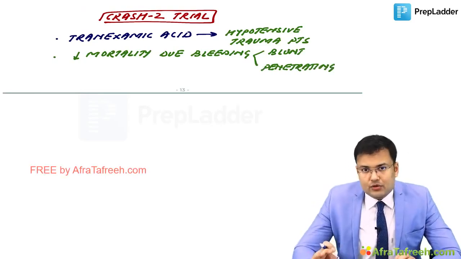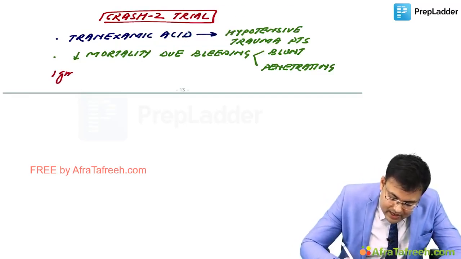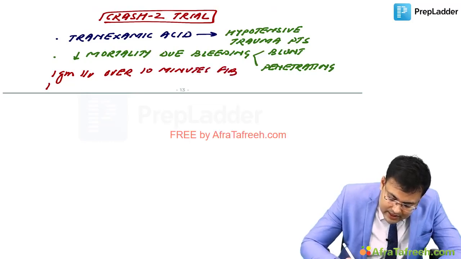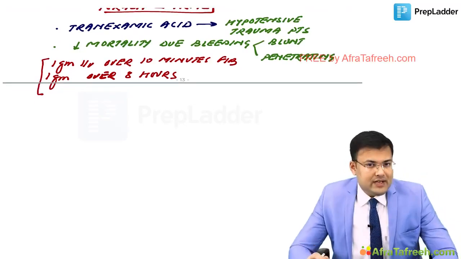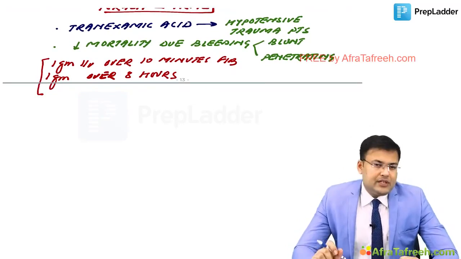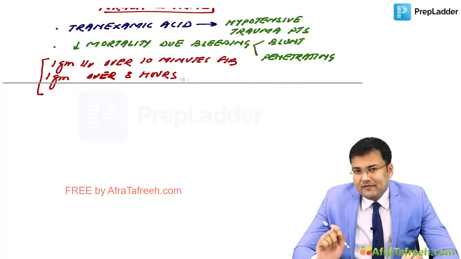Now, how much is the dose? In this case, we have to give the dose 1 gram IV over 10 minutes followed by 1 gram over 8 hours. Clear? Now question, in which patients are we supposed to give it? The patient should be having significant hemorrhage.